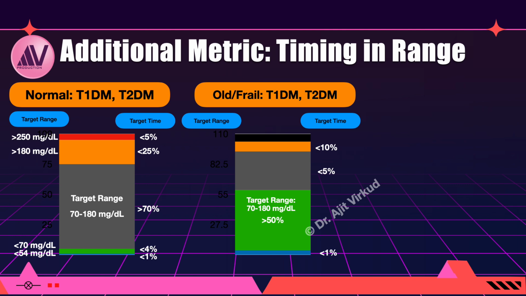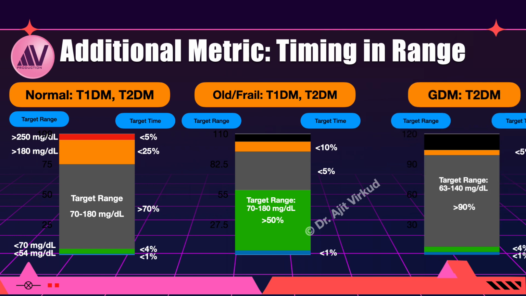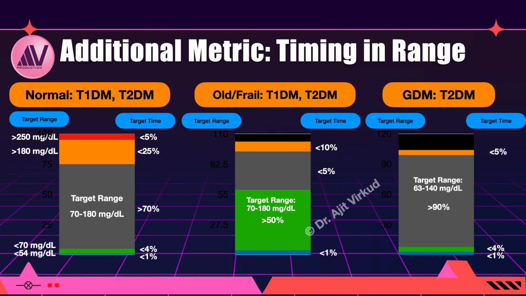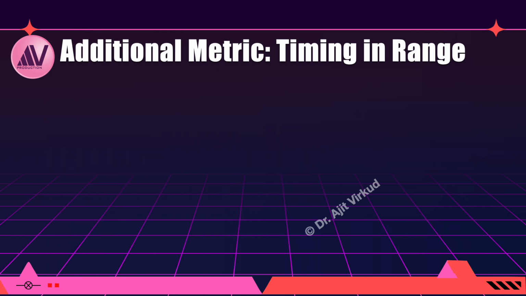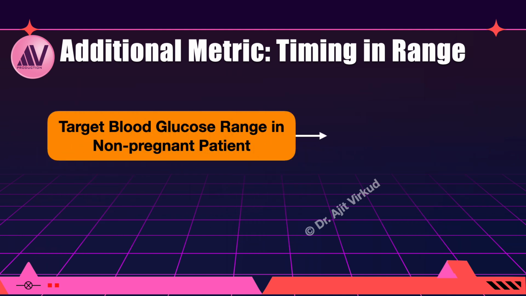For pregnant women with GDM or PGDM, the target range of 63 to 140 milligrams per deciliter should be maintained for 90% of the time. That is, in GDM patients, tight glycemic control almost throughout the day is very important. Just to reiterate what I said, the target glycemic range for pregnant and non pregnant patients is as follows.